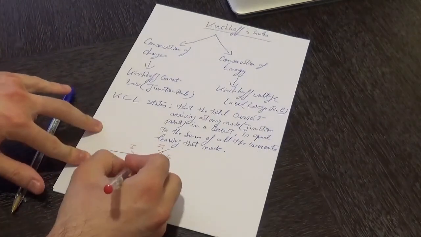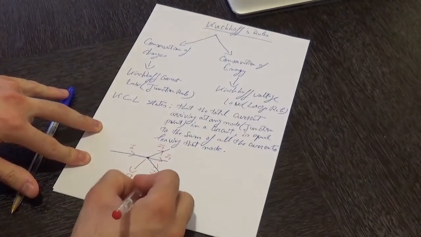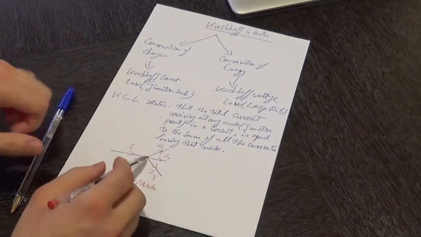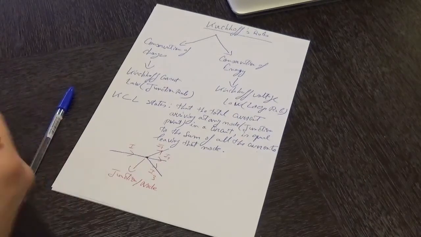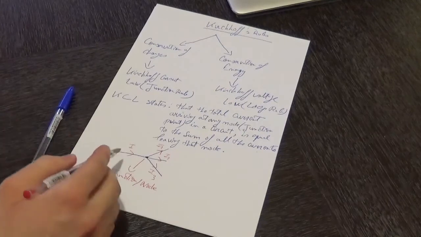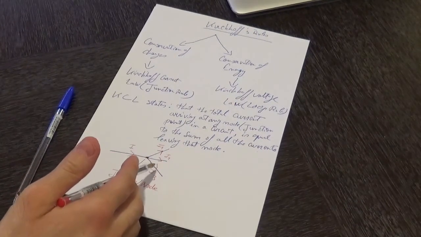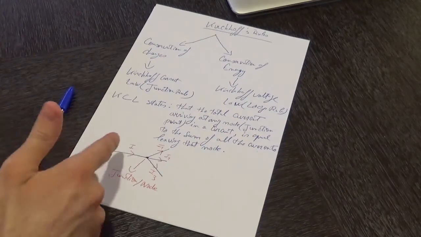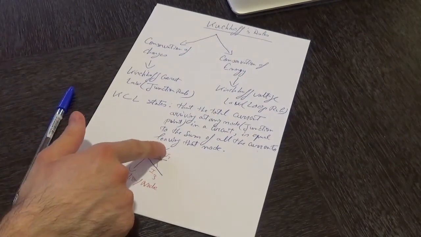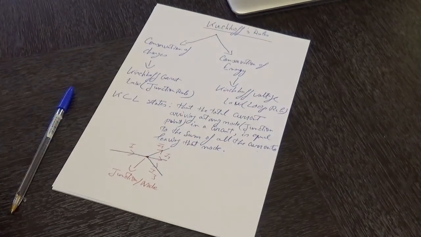Since we have an intersection of multiple electrical wires at that point, we refer to it as a node. When the current I reaches that node, it's going to be divided into several electrical currents: I1 across the first wire, I2 across the second wire, and I3 across the third wire.